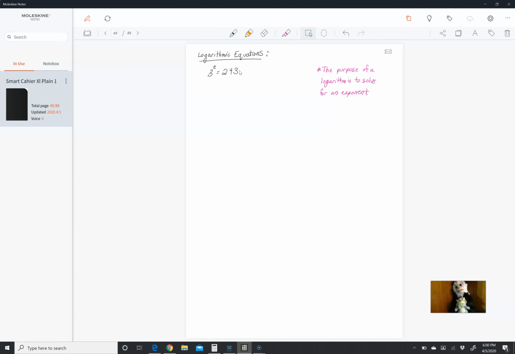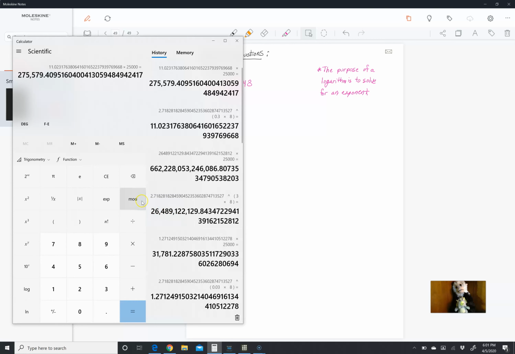So if we go back to what we did in the last lecture, we said, okay, let's put this in logarithmic form. So we get t equals log base 3 of 243. The base of the exponential is the same as the base of the logarithmic, and then our argument is the same thing as our answer. Now there's a problem here though. If we go to our calculator, we see a log here, but we don't see any base.